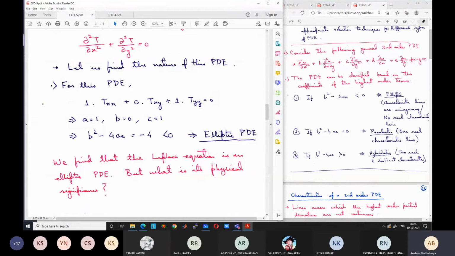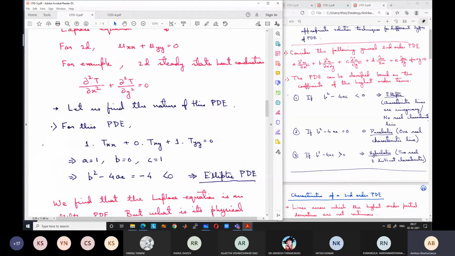Again, the same question you can ask me. We find that the Laplace equation is an elliptic PDE, but so what? What is the physical significance of this finding? Although we have found that this is an elliptic PDE, how does it relate to the real life solution? It's just that the nomenclature is elliptic PDE, but how does it relate to a real life solution?